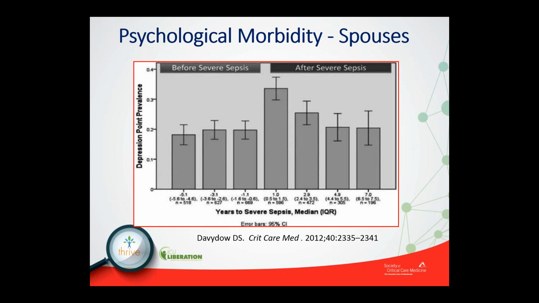Certainly I've interacted with many spouses, and perhaps you have too, who will say that although the patient has no recollection of their time in the ICU, they themselves have a vivid recollection of the death watch, and many will use that term, the death watch they essentially engaged in for days, sometimes for weeks, wondering in the midst of that death vigil whether their loved one was going to survive or not.